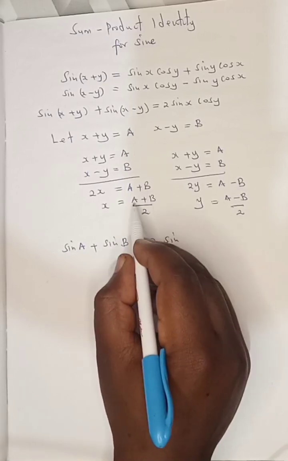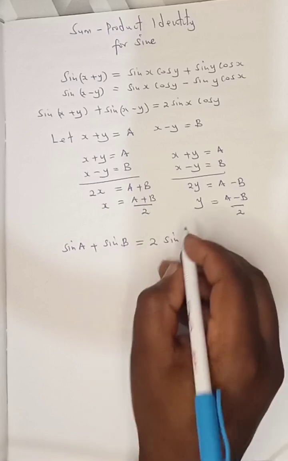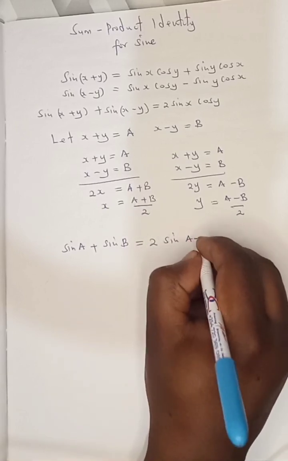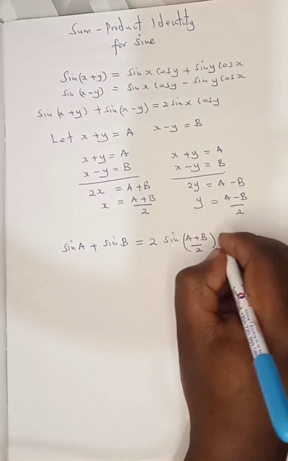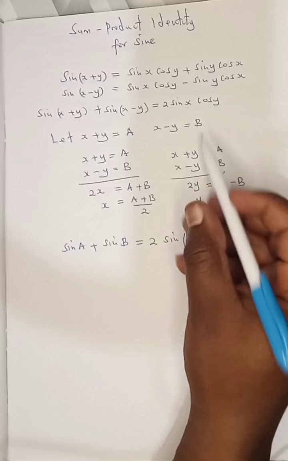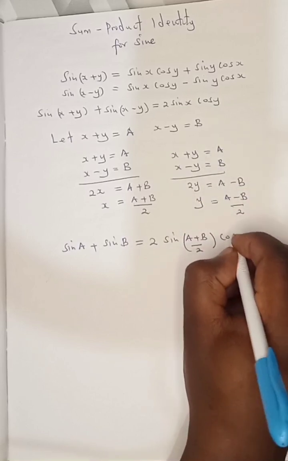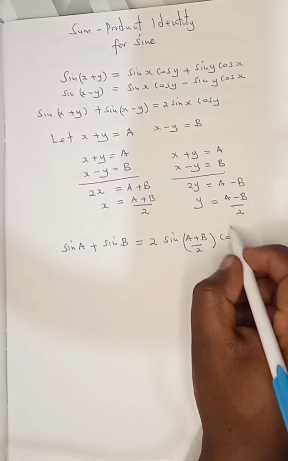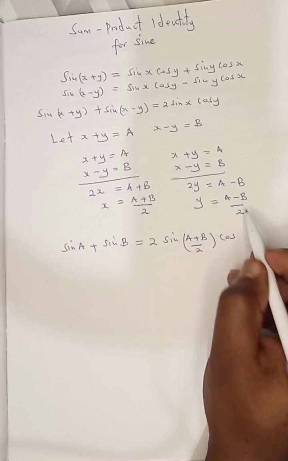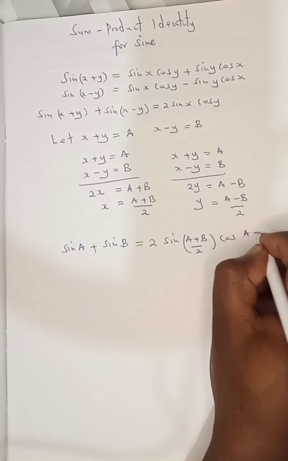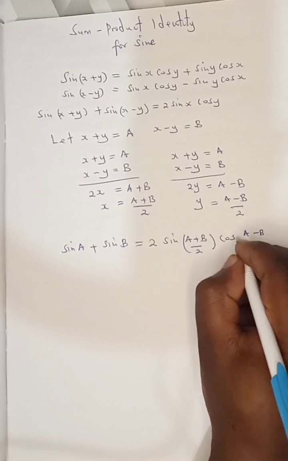What is x? X is A plus B divided by 2. So we have A plus B divided by 2. Then we have cosine of y. What is y? Y is A minus B divided by 2. So we have A minus B divided by 2.